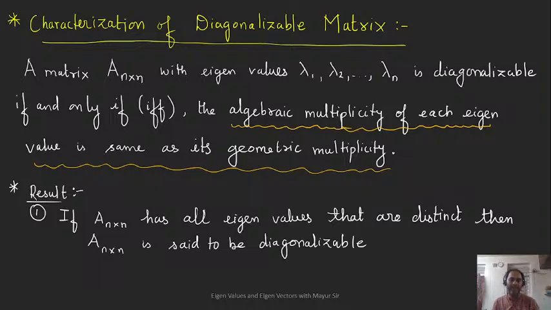So if A, n cross n, has all eigenvalues that are distinct, then we say that A is diagonalizable. There is a hidden meaning in this.